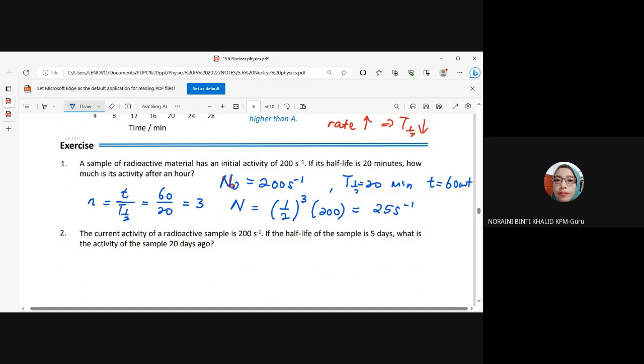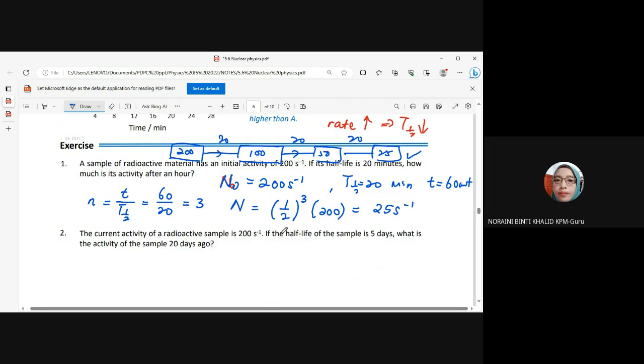If you don't want to use the formula, you can draw, no problem. 200, reduce it: this is 20 minutes, it becomes 100, another 20, it becomes 50, another 20, it becomes 25. We get the answer, 25. That is the technique without the formula. The first one is easier than the formula. If you are not used to the formula, you feel it is difficult. But actually, I think the formula is quite easy for you all to know.